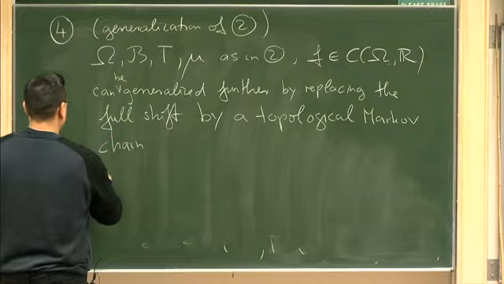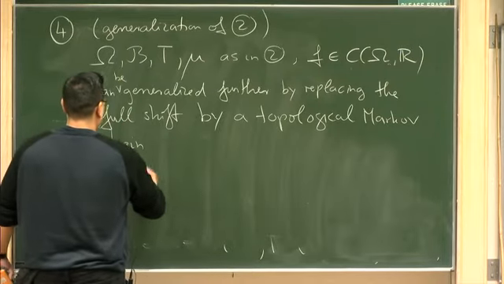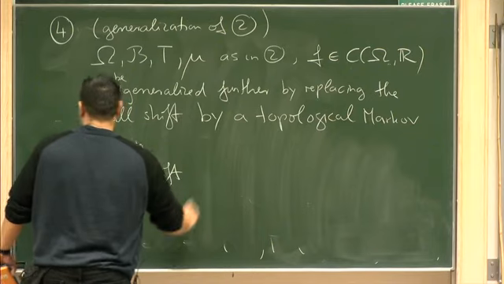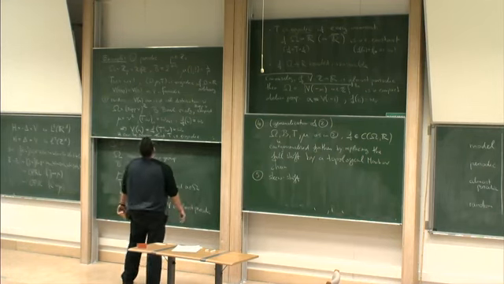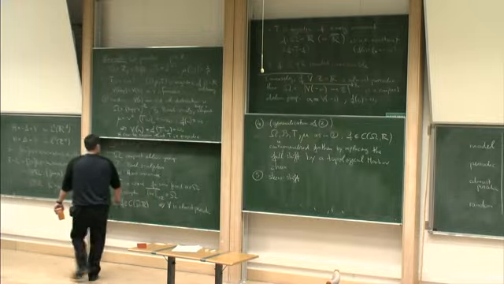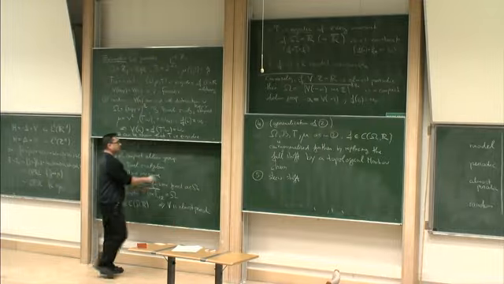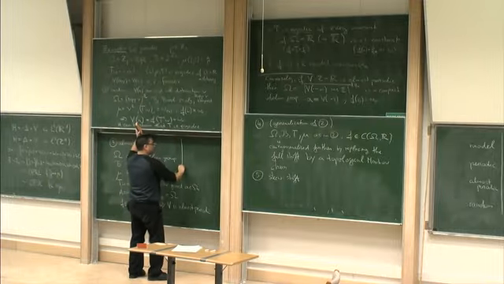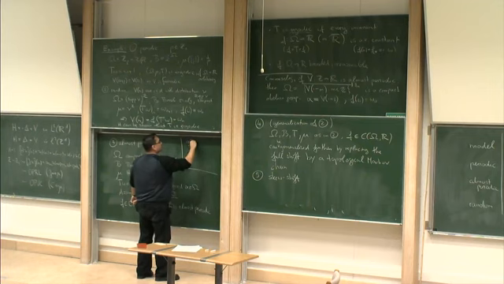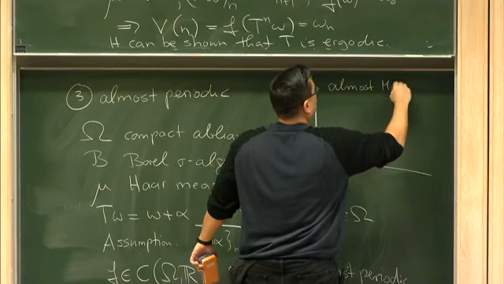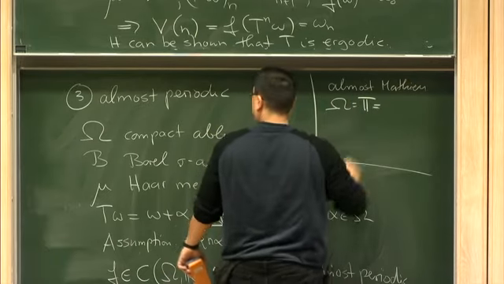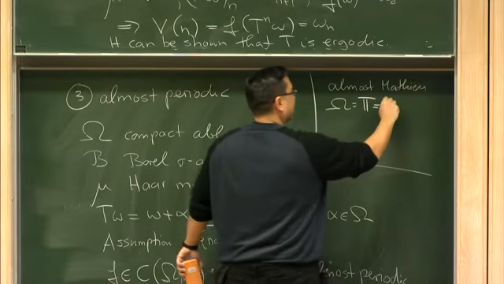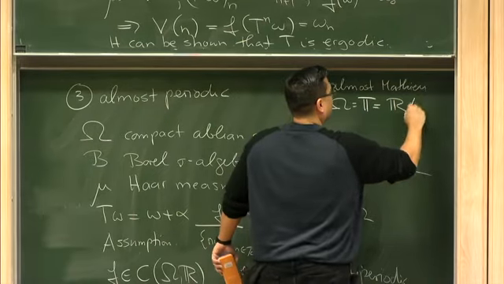And 5 is the skew shift, which is a simple model, but which is interesting because it leads to very challenging problems. So the skew shift, by the way, here in the almost periodic case, omega is a compact abelian group, but it's one circle.